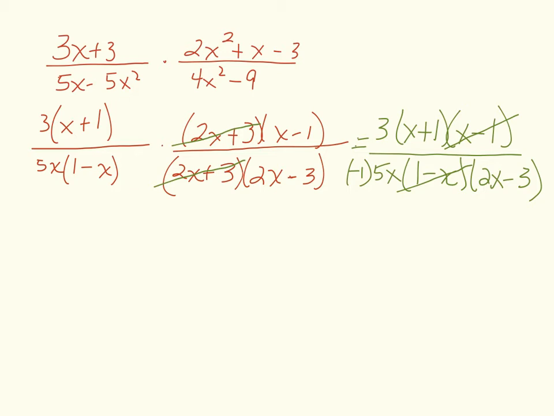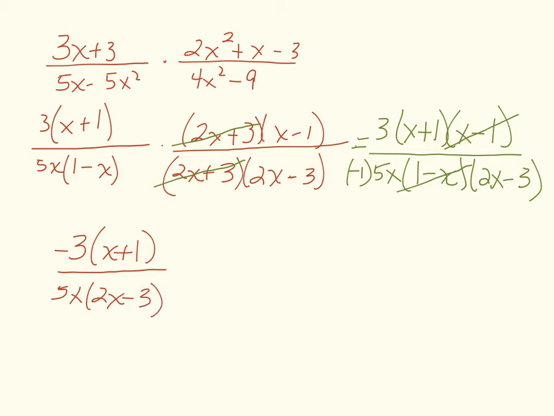So now let's see what we have. We have 3 times x plus 1 and we have that negative sign at the bottom, or we can put it at the top. I'm going to go ahead and put it at the top, that negative sign that was at the bottom. And then we have 5x times 2x minus 3.